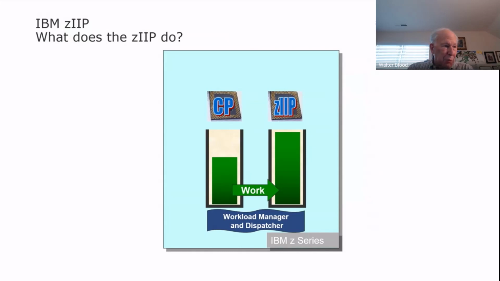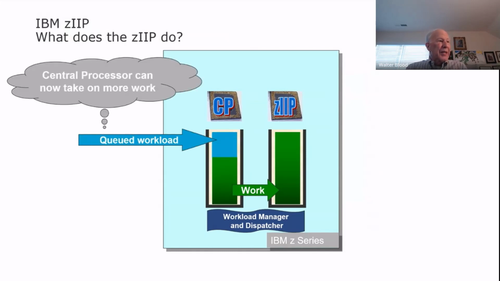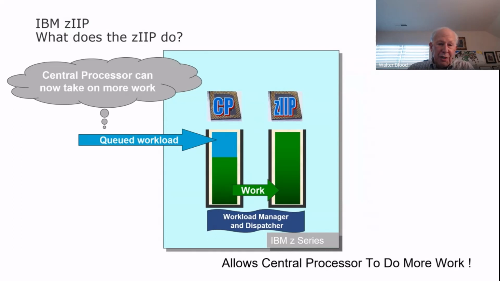And that's exactly what the zIIP is designed to do. It will provide extra room in that CP to allow you to pick up queued workload and get more work done. This is the central processor, and it's able to do more work as a result of the zIIP.